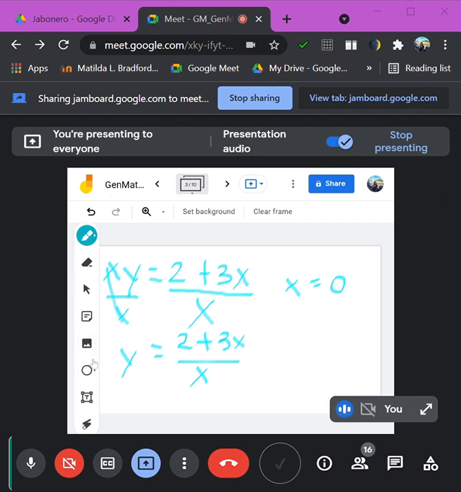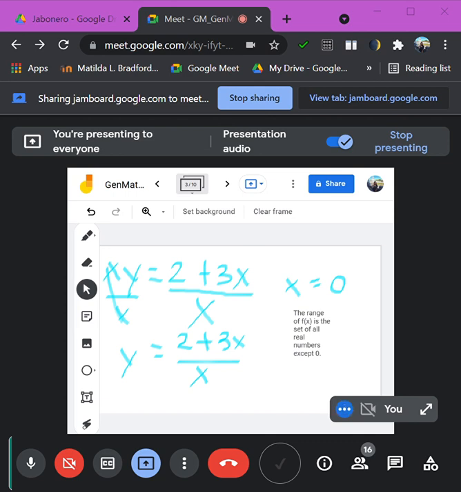So meaning to say, the range of f of x is the set of all real numbers except 0. That is the range of our given f of x equals 2 over x minus 3.